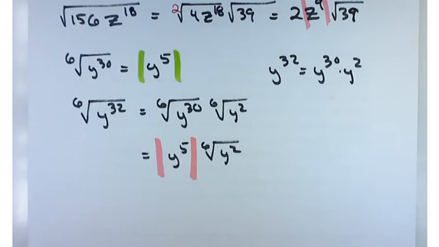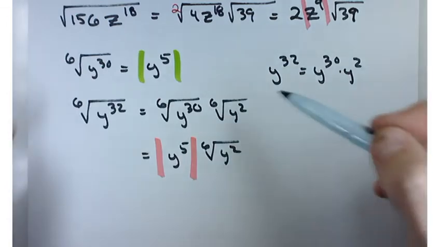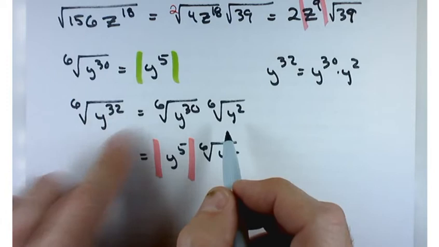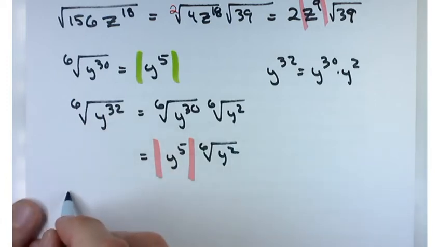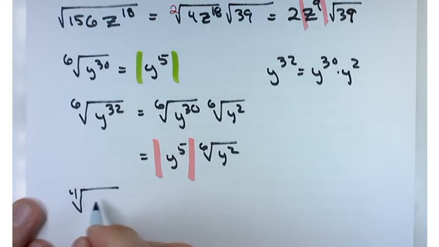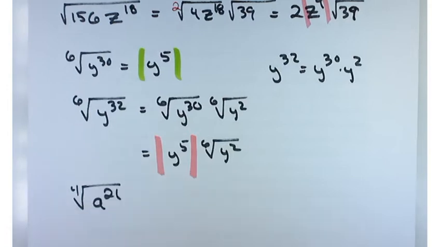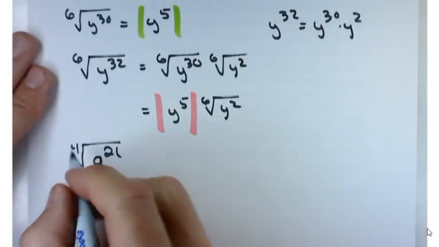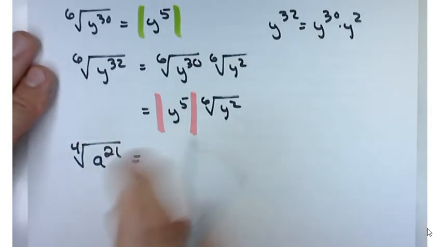All right. Let me give you one more like this. Let's do the 4th root of a to the 21st power.